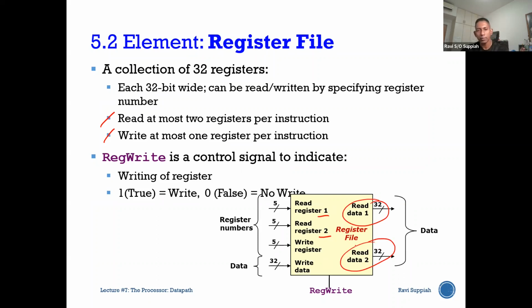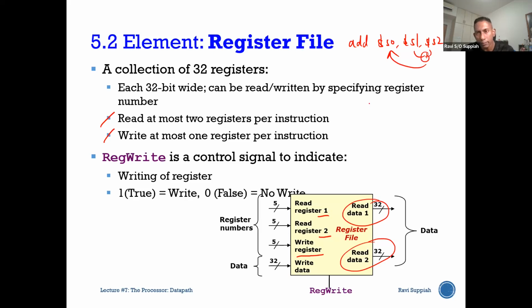At the same time, there is also a write register. This write register is used when we want to update a register with a new value. If I look at the add instruction, for example, I need to do some operation here, and I need to be able to write back to a register.